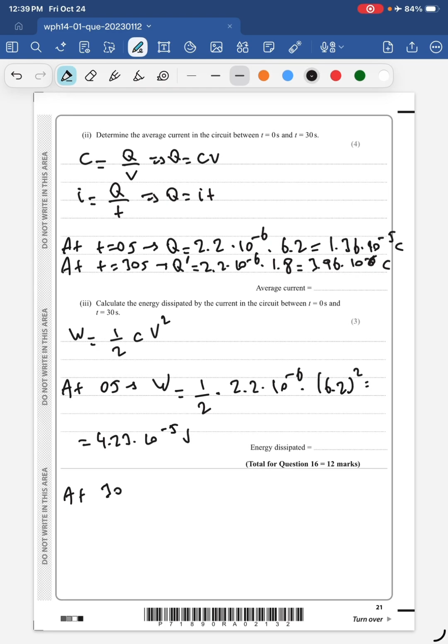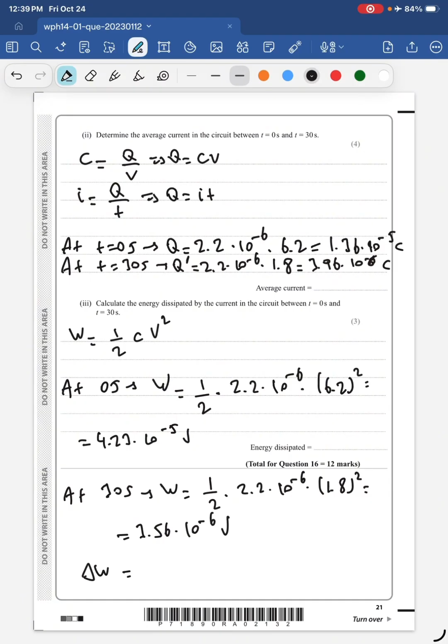At 30 seconds, the energy is 1/2 times 2.2 times 10 to the negative 6 times 1.8 squared. This gives you 3.56 times 10 to the negative 6 joules.